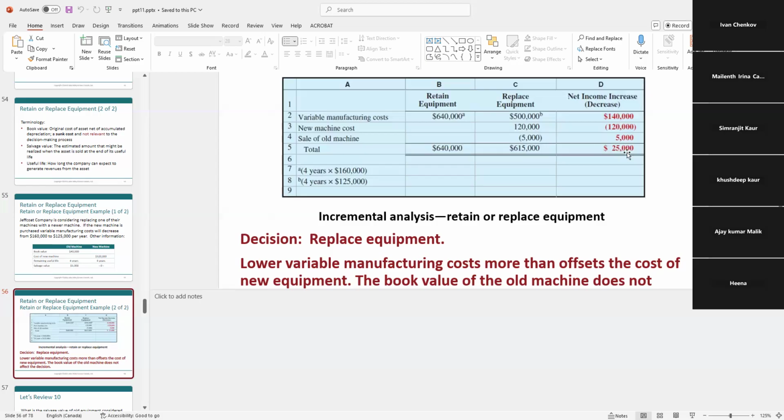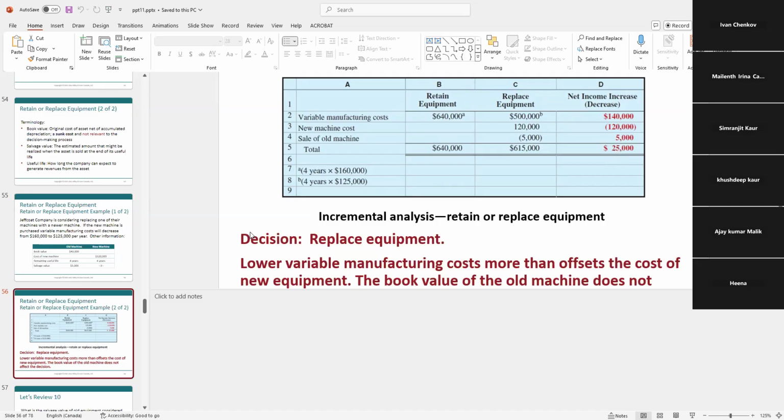So my net effect will be a $25,000 increase in income. That increase comes from the $140,000 savings on the new machine. $120,000 is the cost that will reduce that saving. $5,000 is going to be added to this equation because it's the money that we're going to get for the old machine. So in total, we're going to increase our income by $25,000.